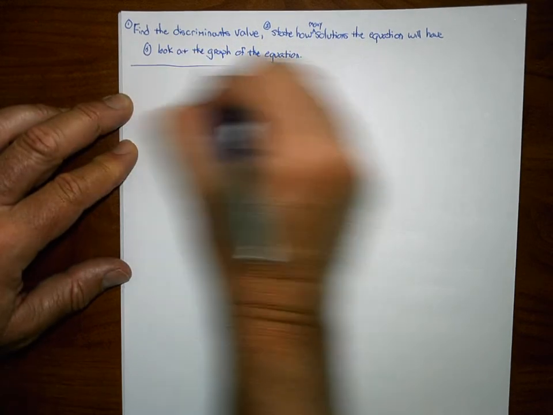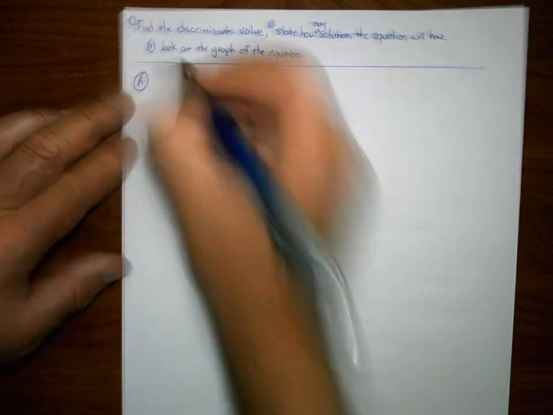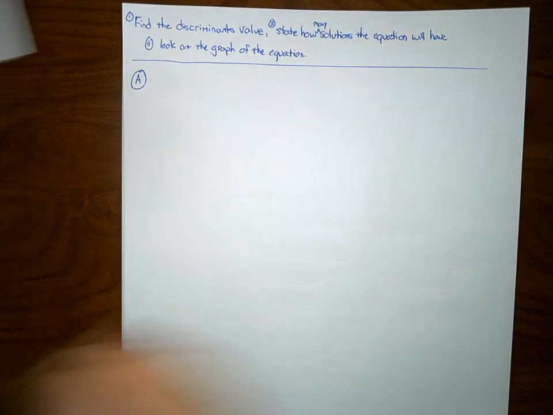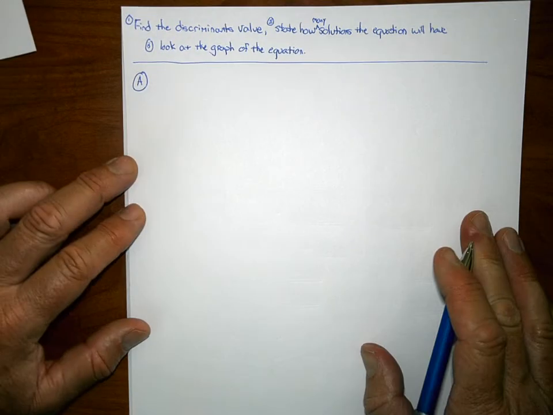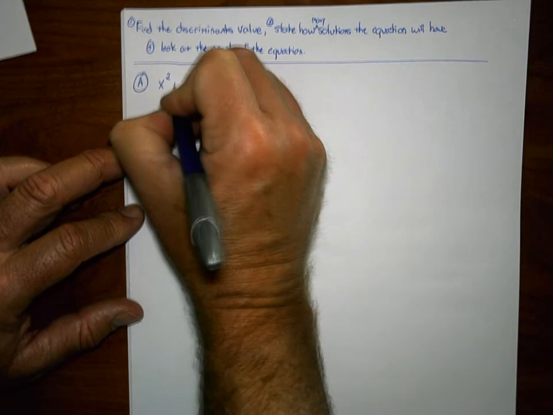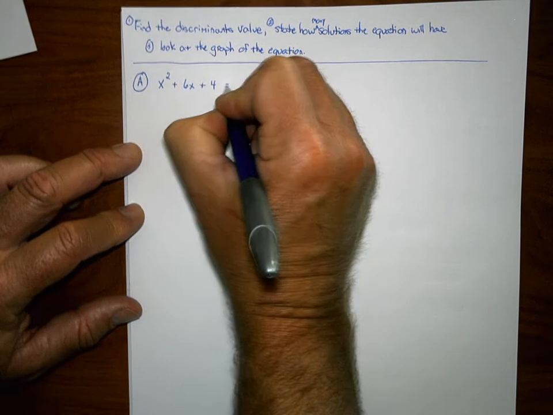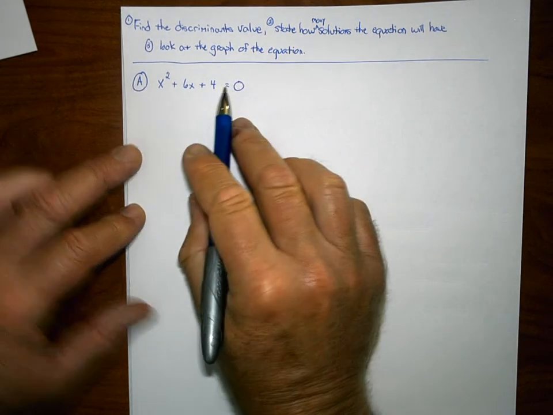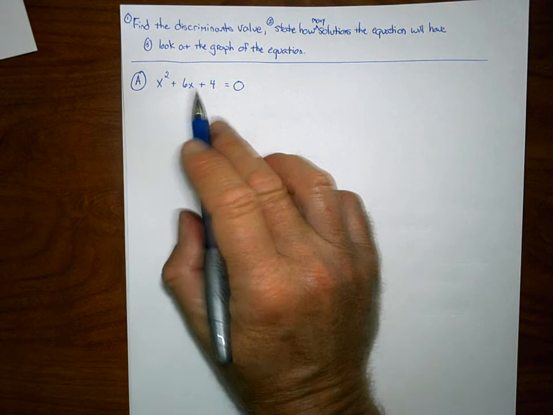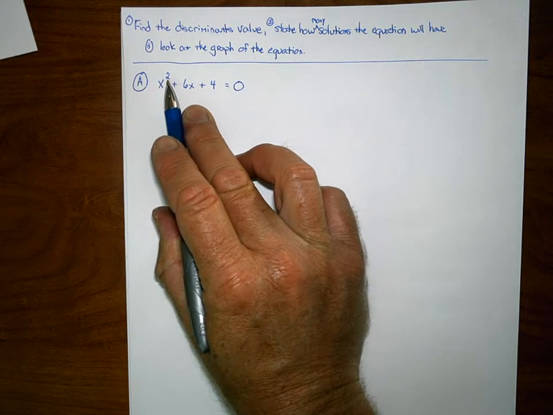So example A. X squared plus 6x plus 4 is equal to 0. Notice, what is the largest exponent you see? It's a 2. So this is a quadratic equation.